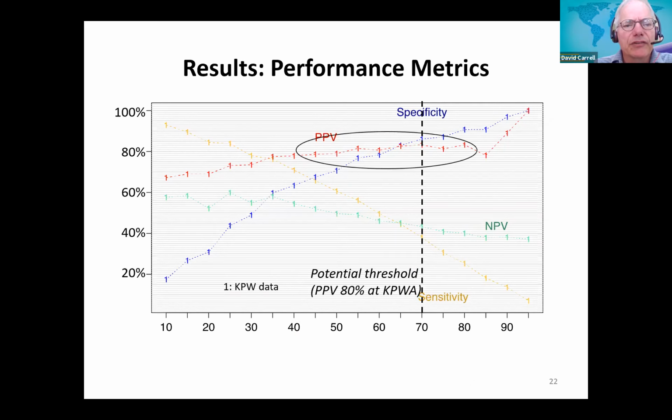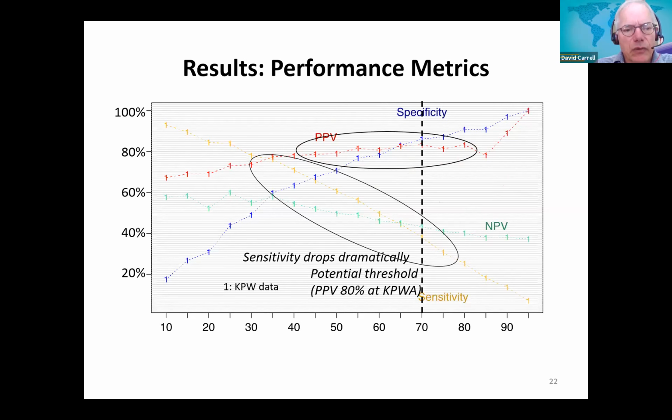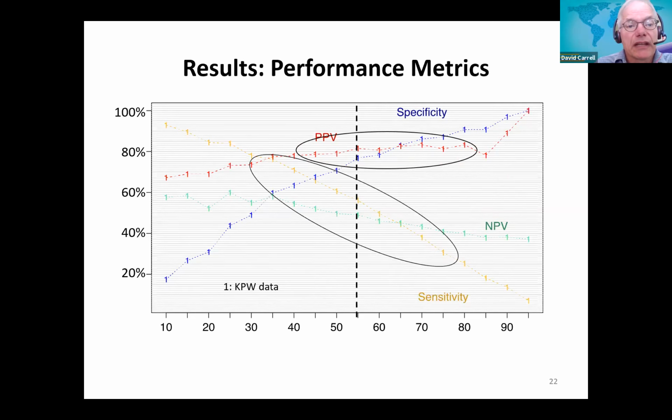But we also see that PPV is relatively flat through a broad range of risk scores, while sensitivity drops off. So it may be more relevant, depending on your use case, to select a risk cut point for classifying cases that is a bit lower on PPV to achieve a much higher sensitivity. So that's what we did.